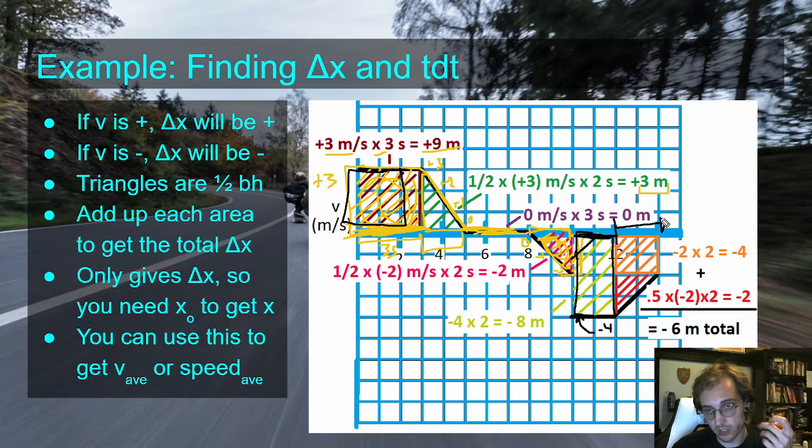For this next bit, our base has a section of 2, we are below the line by 4, but it's not actually just a rectangle, it's not actually just a triangle, it's a triangle stacked below a rectangle. So what I have to do is take this and say, all right, this rectangle has a base of 2, this rectangle has a height of 4. When I find that area, it's 2 by 2, which gives us -4 because it's below the line.